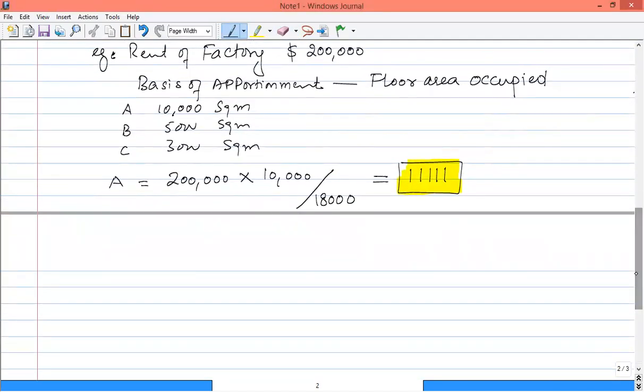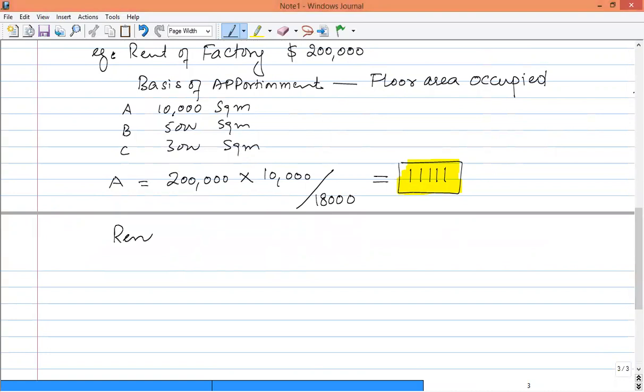So in order to apportion the overhead cost, we have to identify a suitable basis of apportionment. Let's discuss a few bases of apportionment. When we have to share the rent cost, the usual basis is floor area.